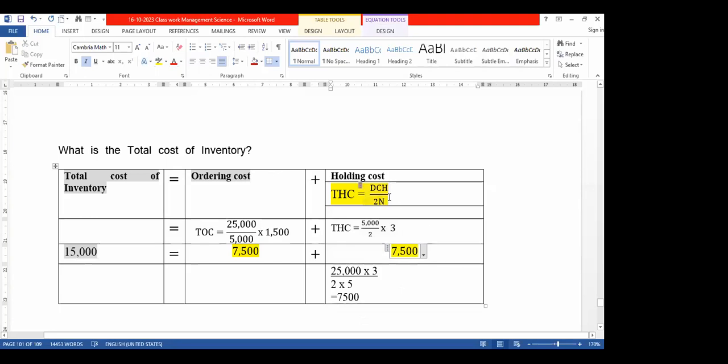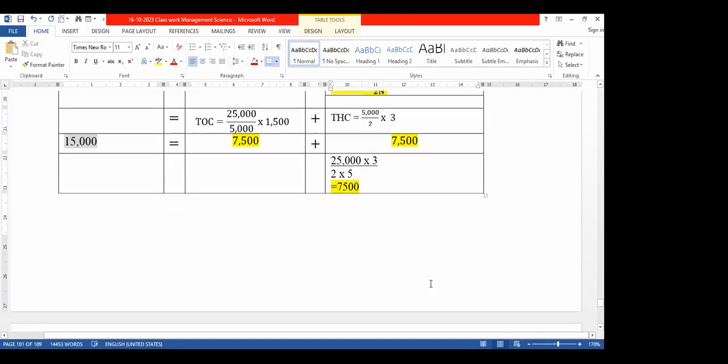Right? You can apply these equations also, same as 25,000 into CH is 3. Then 2n means n, the number of orders: 25,000 divided by 5 is equal to n number of orders. So different equations, same answer.